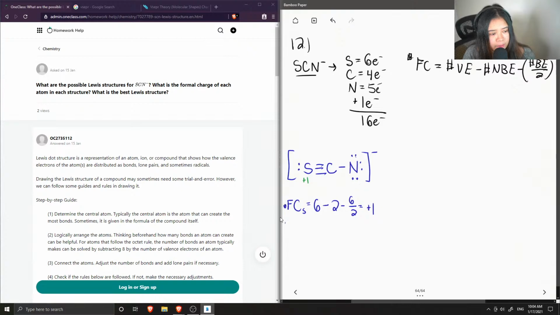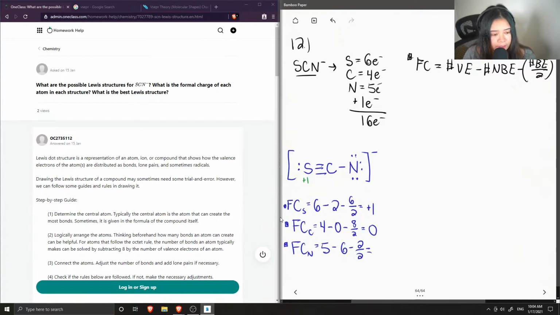And the carbon will have 4 valence electrons minus 0 non-bonded electrons minus 8 bonded electrons divided by 2, which is 0. And for the nitrogen, there are 5 valence electrons, 6 non-bonded electrons, and 2 bonded electrons divided by 2.